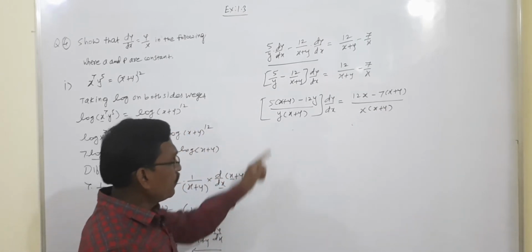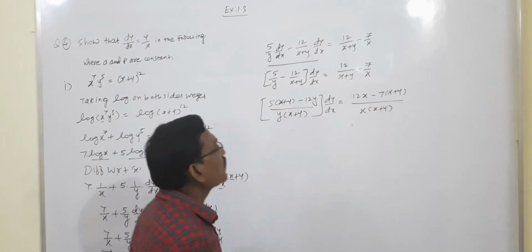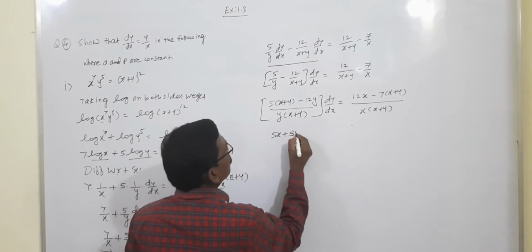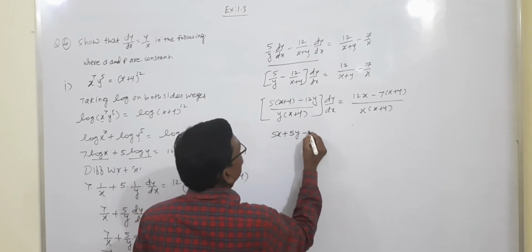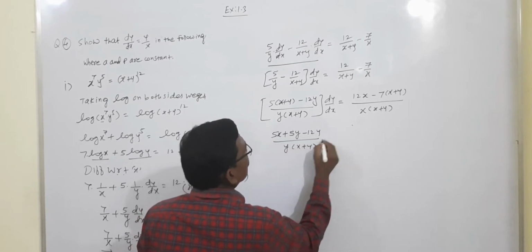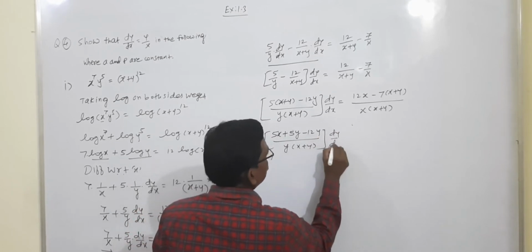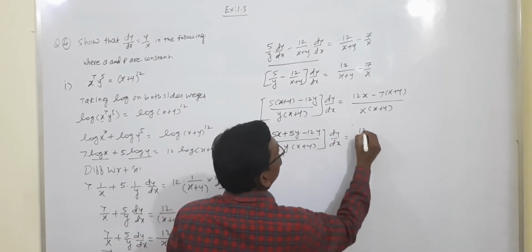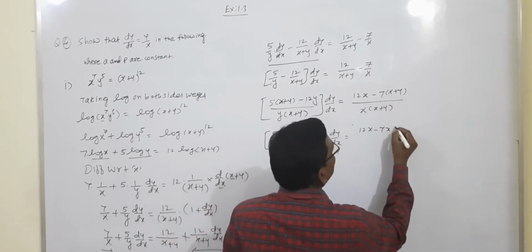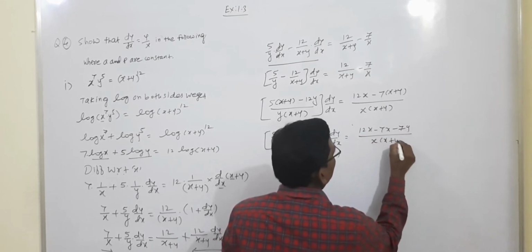Now we multiply 5 to this x plus y and 7 to this x plus y. So 5 into x, it is 5x plus 5 into y minus 12y divided by y into x plus y into dy by dx is equal to 12x minus 7 into x, it is minus 7x, and minus 7 into y, it is minus 7y, divided by x into x plus y.